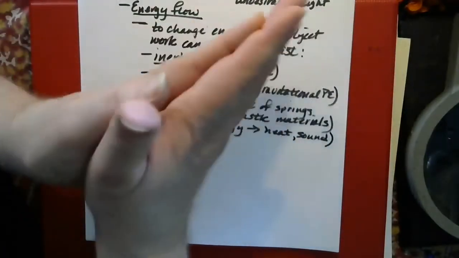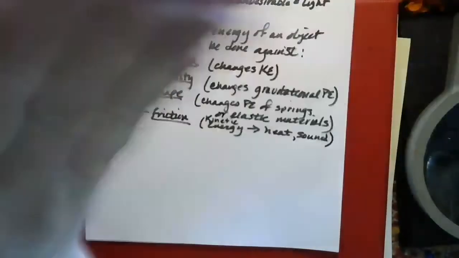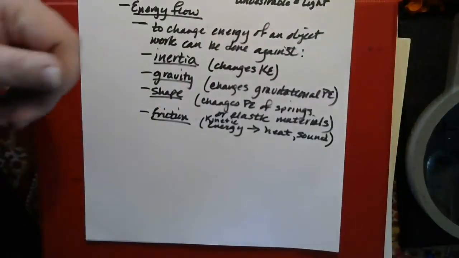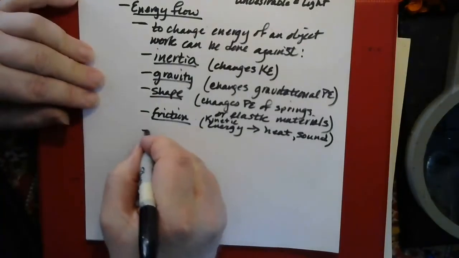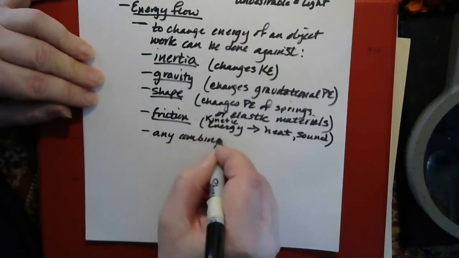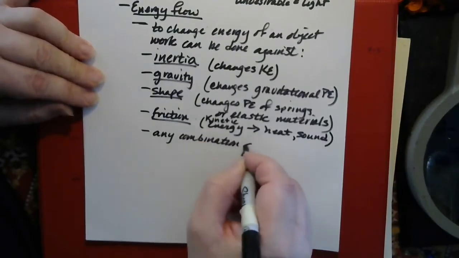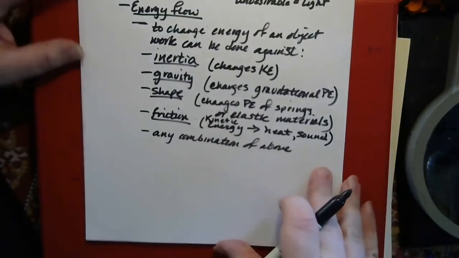You're converting the kinetic energy of the movement of your hands into heat, that's for sure. And also you can hear it. And so some of the energy becomes sound. Or any combination of the above.